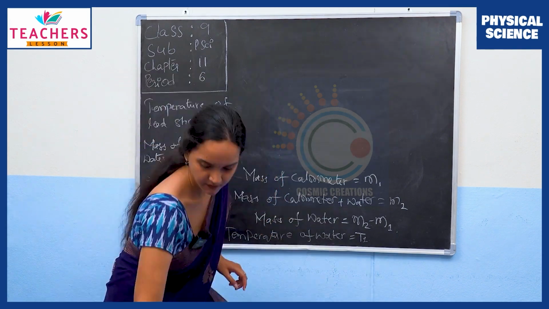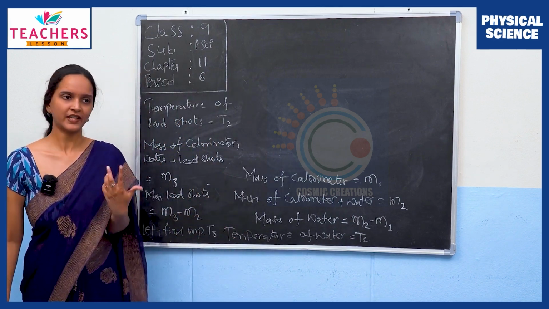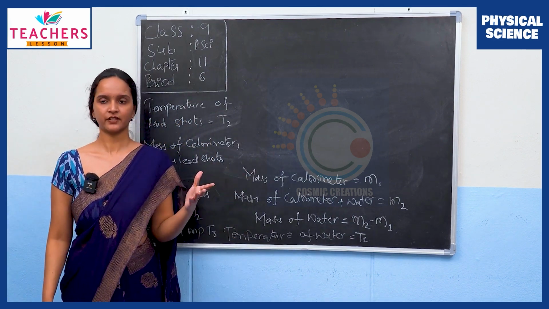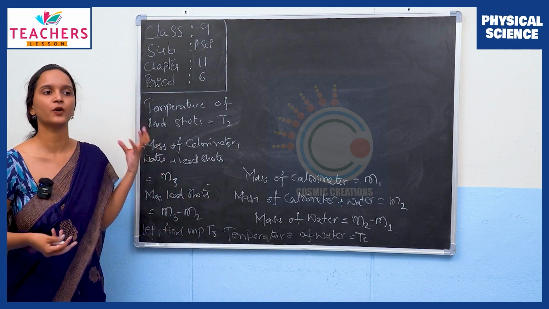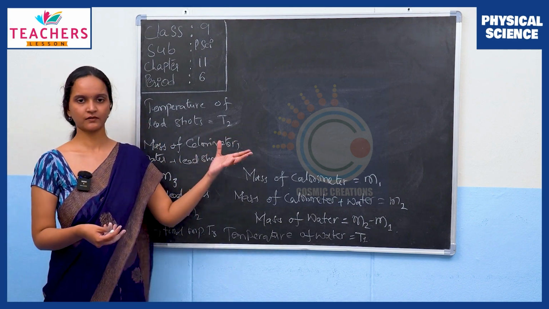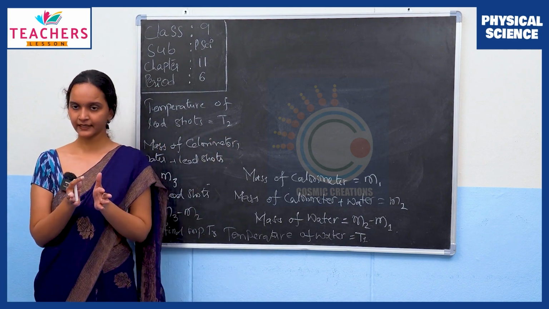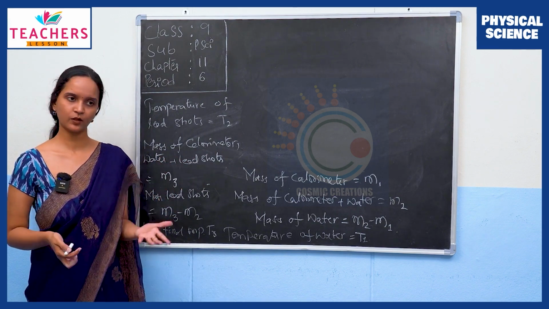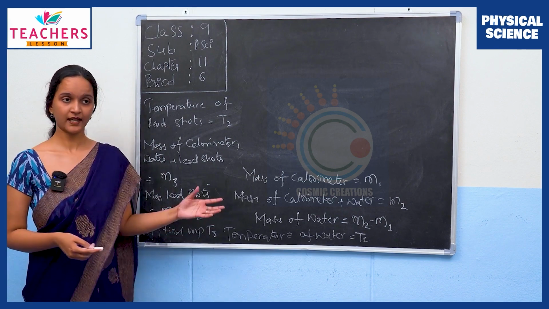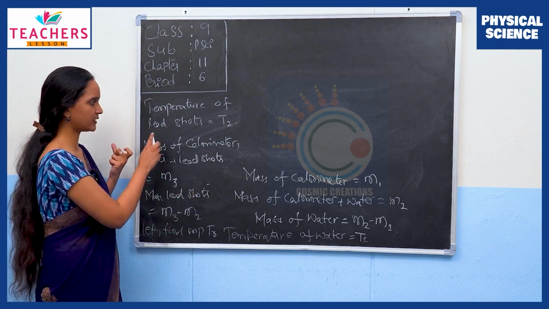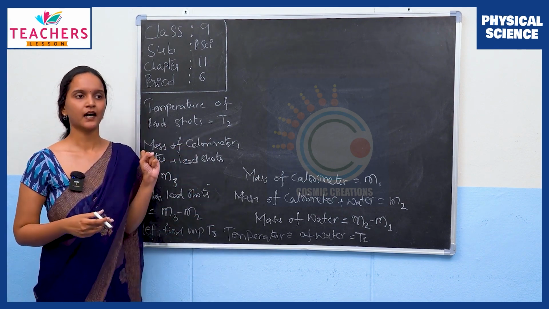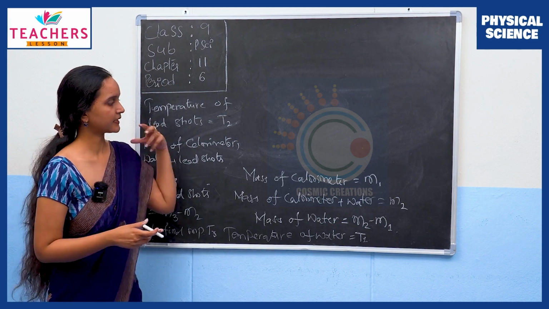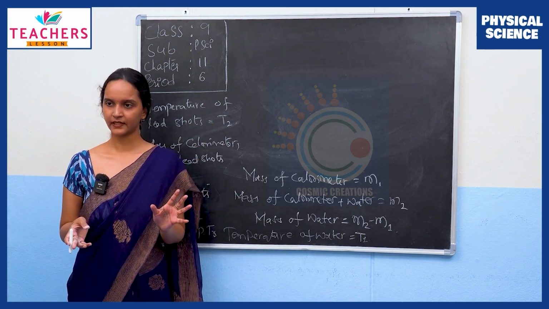Now, we all know this. We have studied this till the previous session. Heat lost by the hot body in a mixture or when bodies are in thermal contact, heat lost by the hot bodies is equal to heat gained by the cold bodies. Right? So, can I say then heat lost by the lead shots would be absorbed by the calorimeter and water, right?